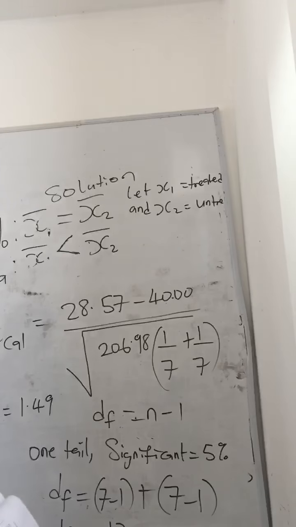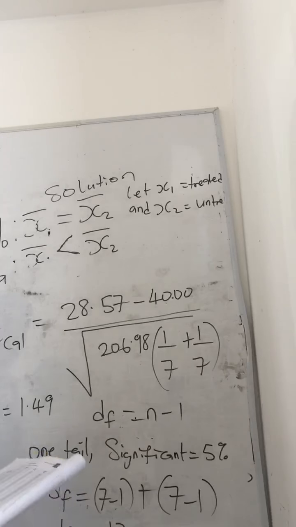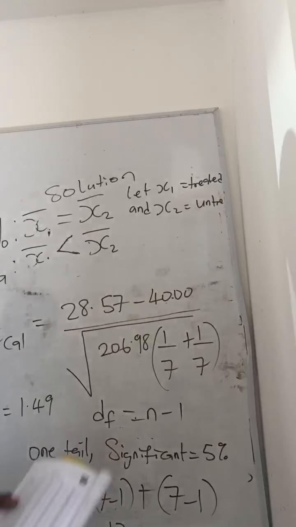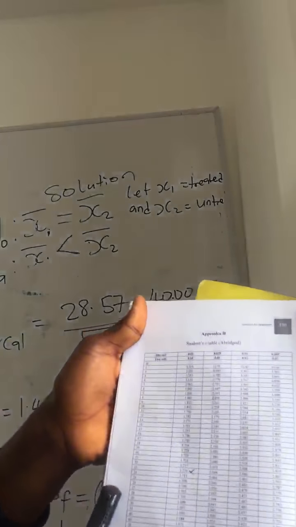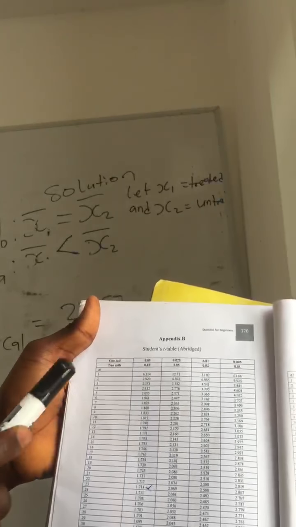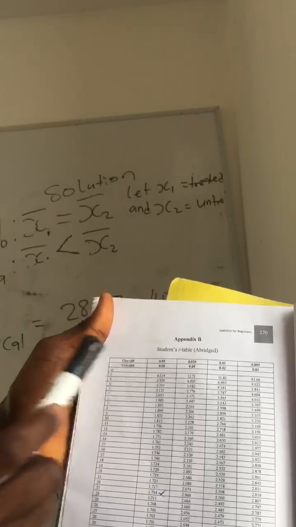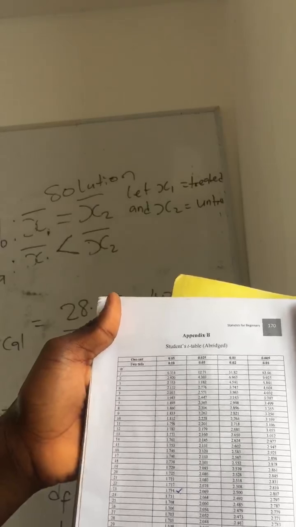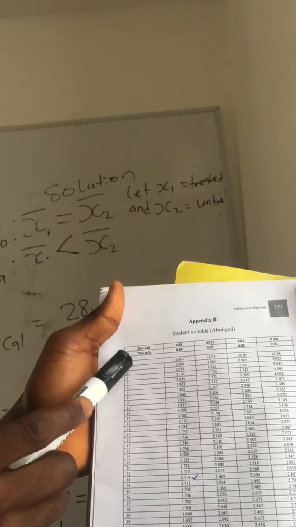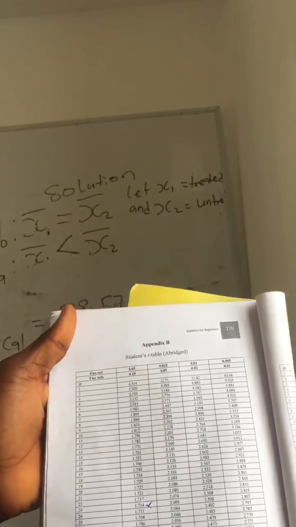So now we go to our t table. I don't know if you can see clearly, let me bring it closer so you can see. So you have the t table. Now I have one tail here, and you have two tail here. This column represents the degree of freedom column.